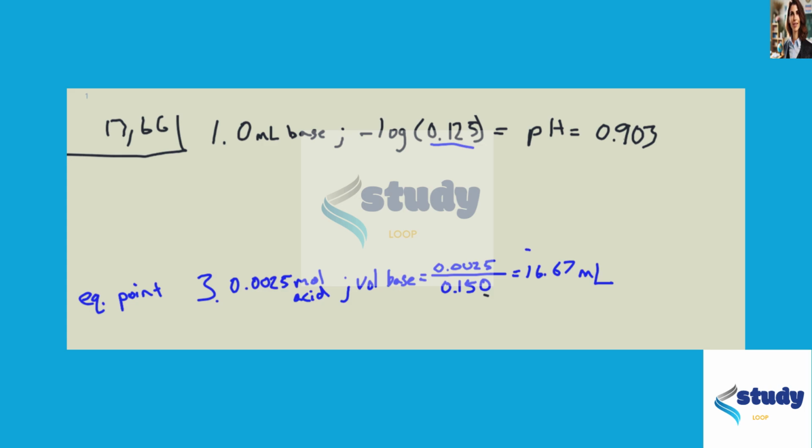This is converted from liters to milliliters. And then our pH, since it's a strong base and strong acid, is going to be equal to 7.